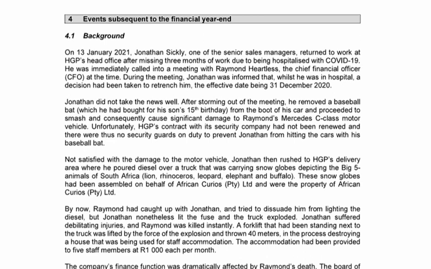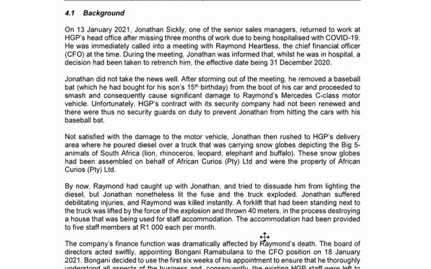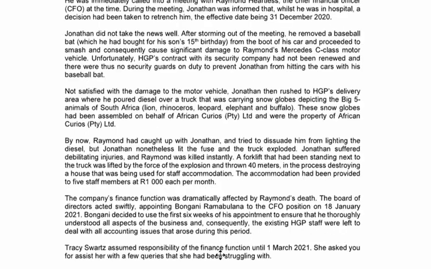A forklift that had been standing next to the truck was lifted by the force of the explosion and thrown 40 meters, in the process destroying a house that was being used for staff accommodation. The accommodation had been provided to 5 staff members at R1,000 per month. The company's finance production was dramatically affected by Raymond's death, and the directors acted swiftly in appointing Bongani Ramabulana to the CFO position on 18 Jan 2021.